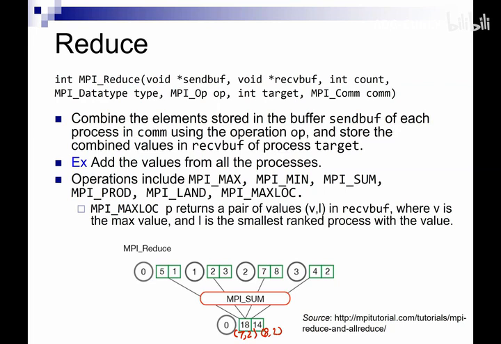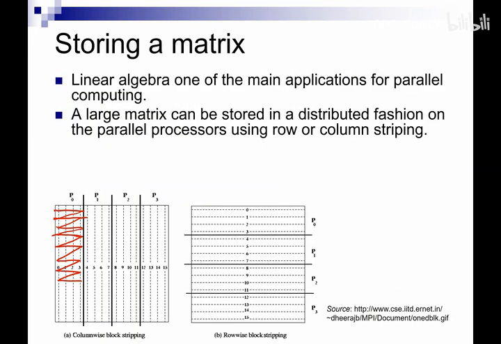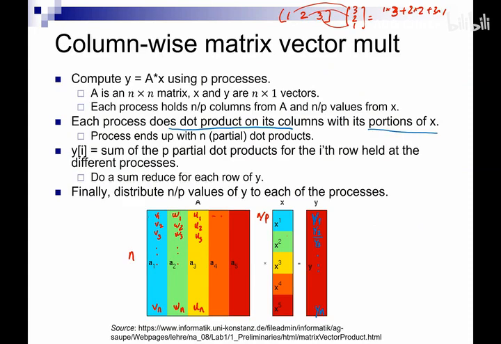And that's exactly what we want to do when we compute this matrix vector product here. We want to do a reduce on all of the first row values, and then we also do a reduce on all of the second row values, the third row values, and so on. So reduce is perfect for that.